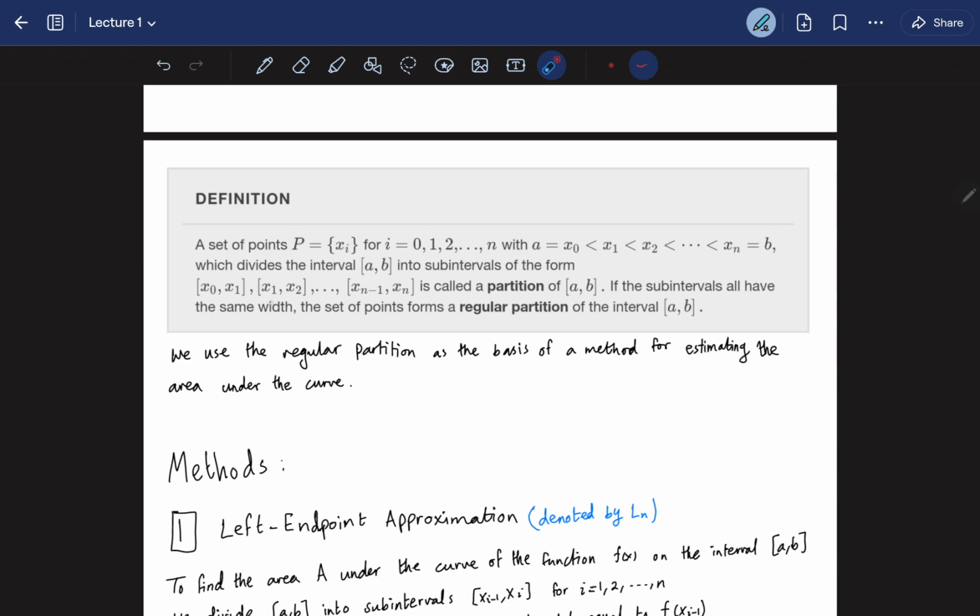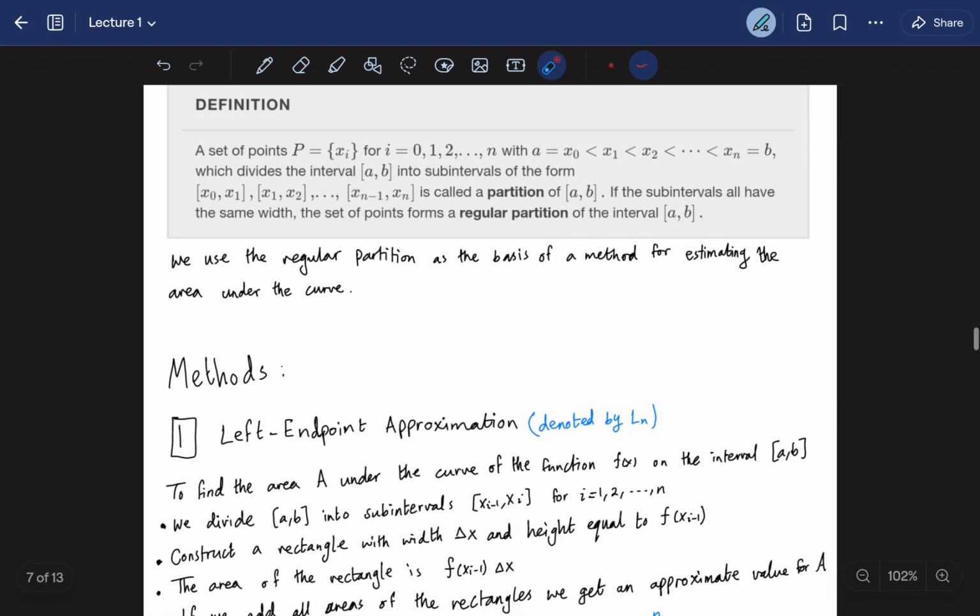If all of these intervals have the same width, which means that x0 to x1 has a certain width, x1 to x2 has the same width, and xn minus 1 to xn also has the same width, we call it a regular partition. We're going to use a regular partition to estimate an area under the curve.